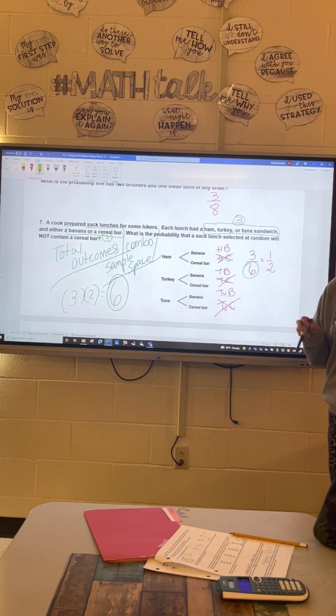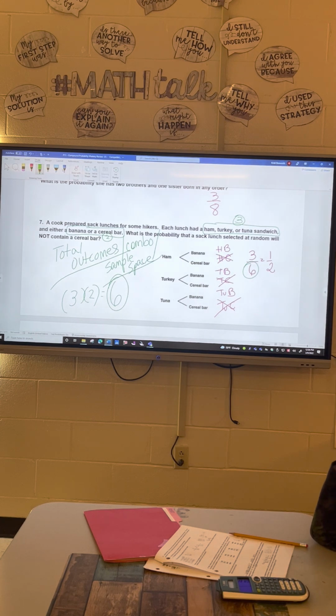That's only if you're asked for the total number of outcomes, the total of the sample space, or the total combinations. That's only if it's asking you for the total.